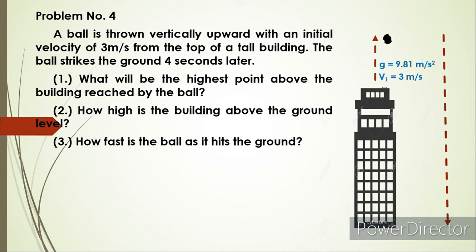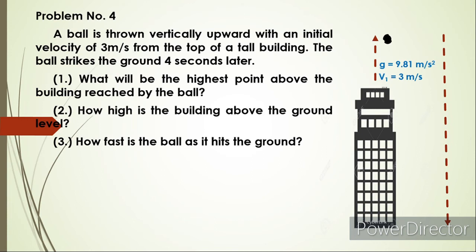So, meron isang bola na inihagis mula sa taas ng building, inihagis pataas vertically upward. So, straight pataas hinagis ang bola, sa initial velocity na 3 meters per second. Then, after 4 seconds, yung bola ay bumagsak na sa lupa.